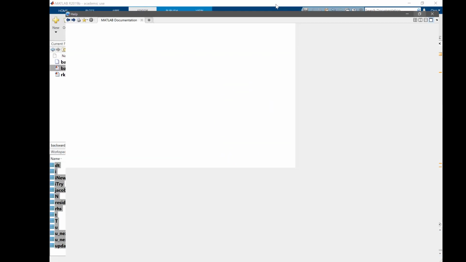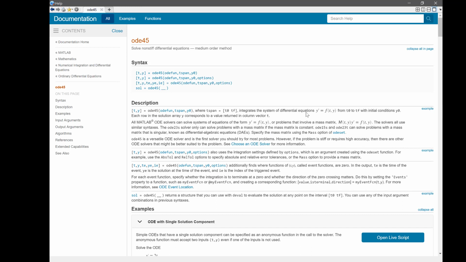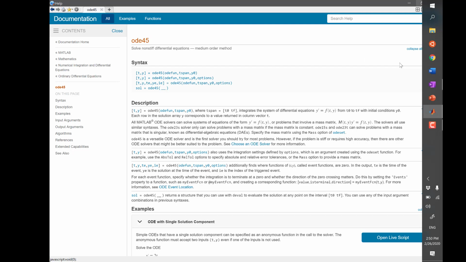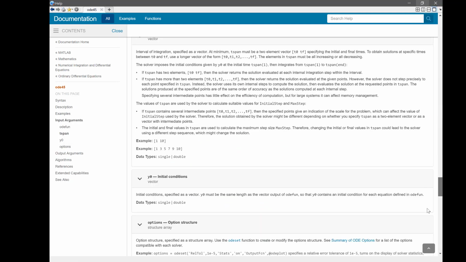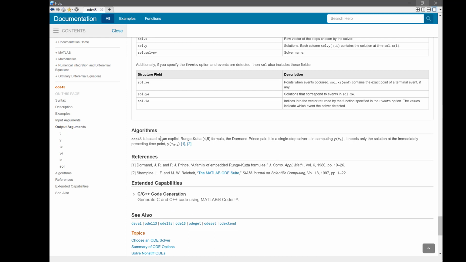It basically takes two time integration schemes in order for it to compare the error. So if you look at the algorithm, it is based on explicit Runge-Kutta.